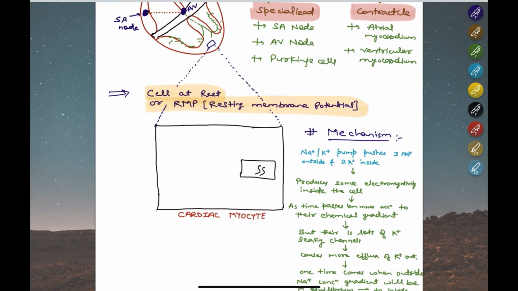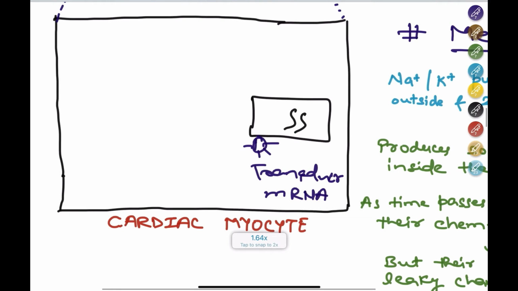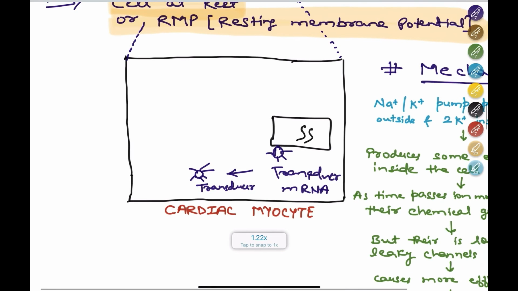The nucleus has the property to form messenger RNA, or mRNA, which forms the transducer protein, which exchanges sodium and potassium ions across the membrane. This is the sodium potassium pump.